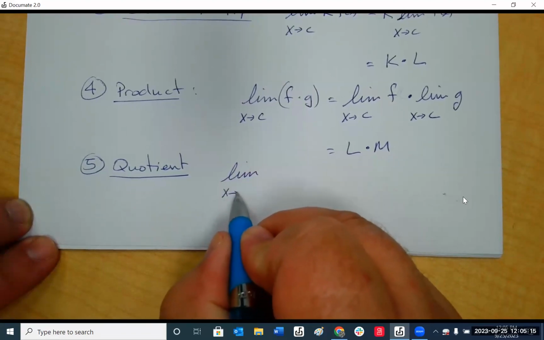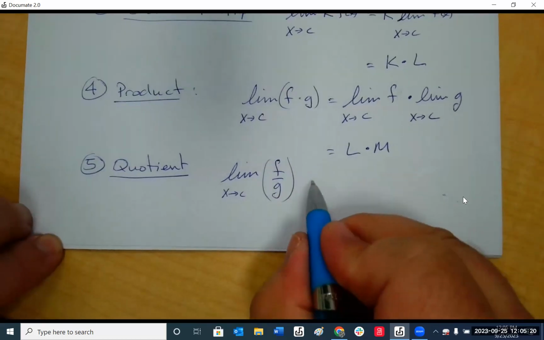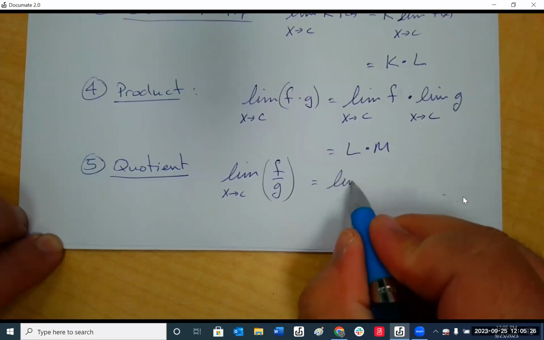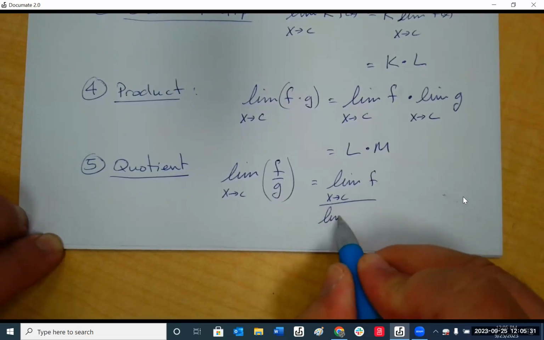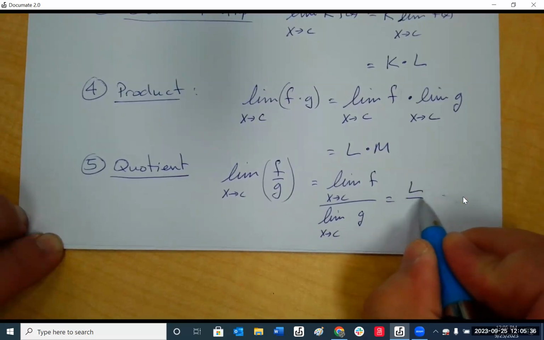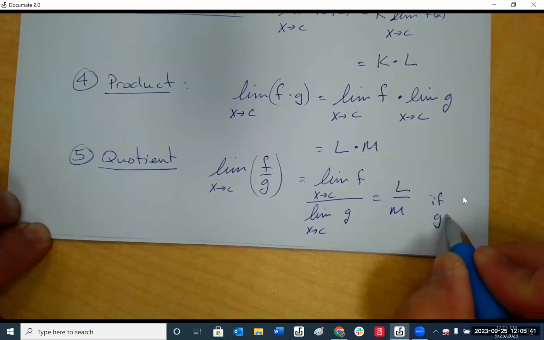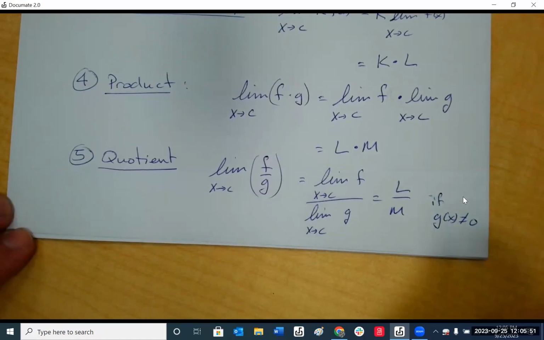The limit as x approaches c of f over g is the limit as x approaches c of f over the limit as x approaches c of g, which equals L over M, if g of x does not equal 0, because it has to be defined since it's the denominator.